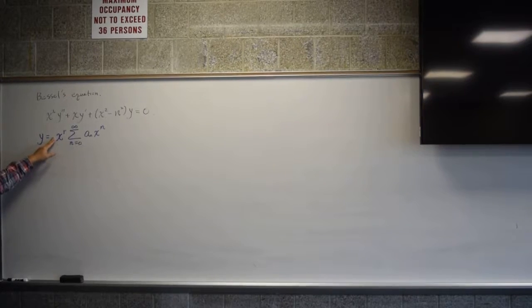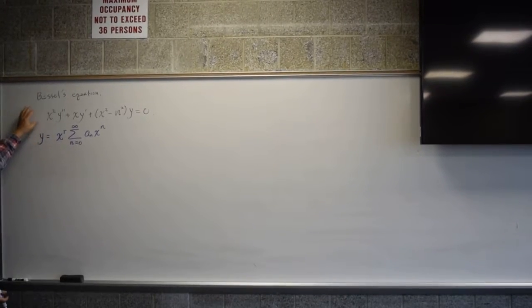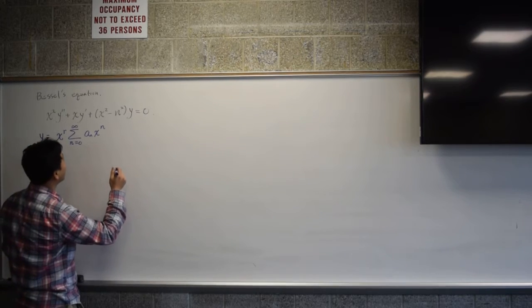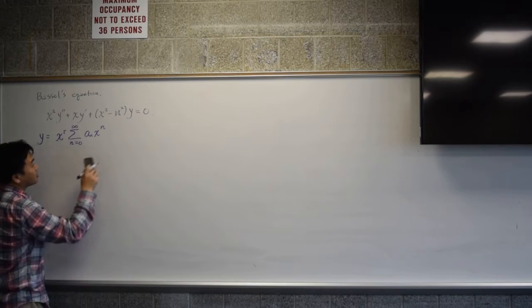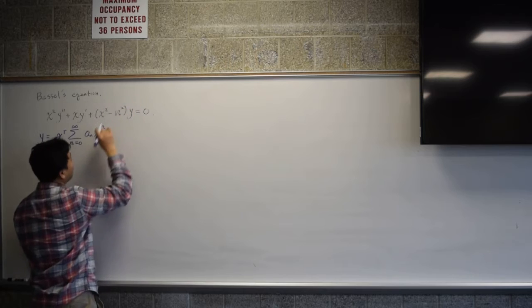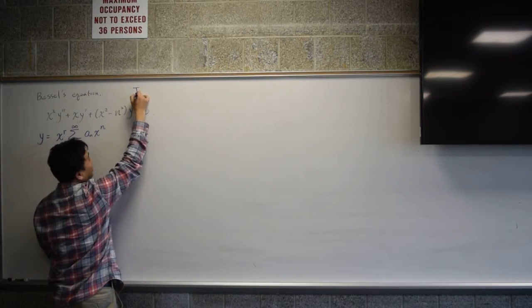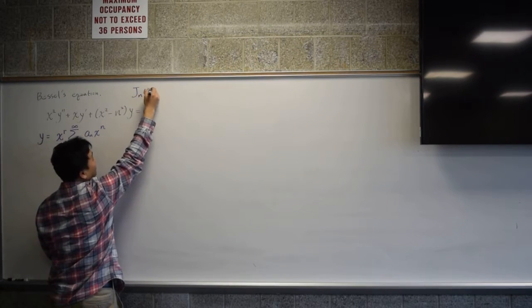And therefore, such a solution to this Bessel's equation is called Bessel function of the first kind. Usually people use J for this function. By the way, this n and that n is different. Usually the solution of this form is called Jn of x.